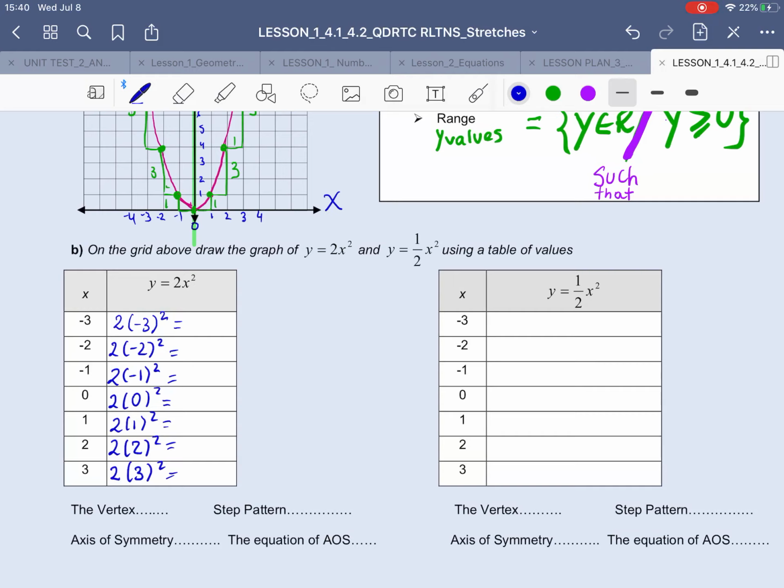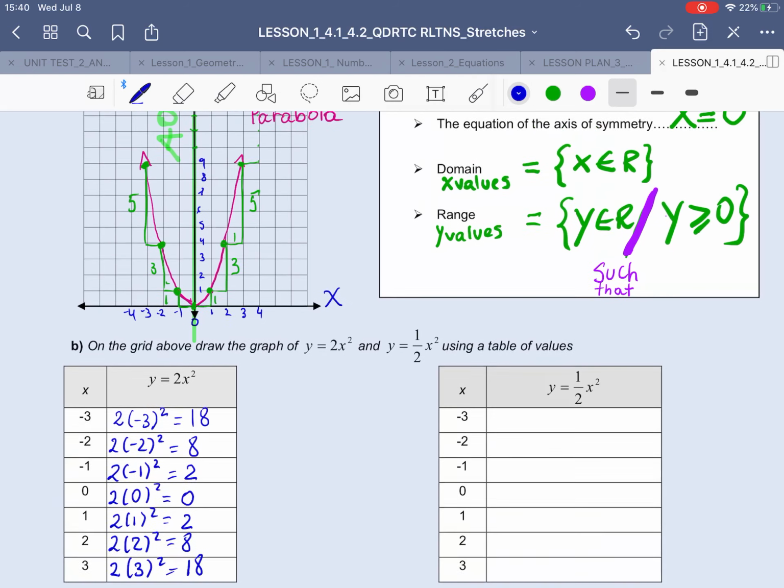Now 2 times -3 squared, that's 9 times 2, 18. 2 times -2 squared, that's 2 times 4, 8. 2 times 1, 2. 0, 2, 8, and then 18.